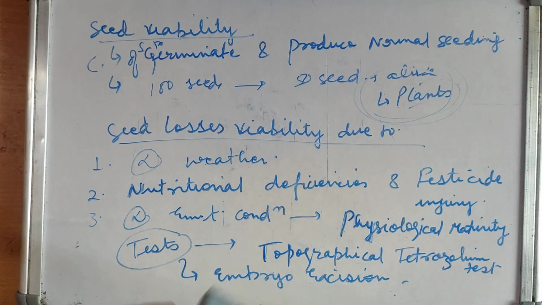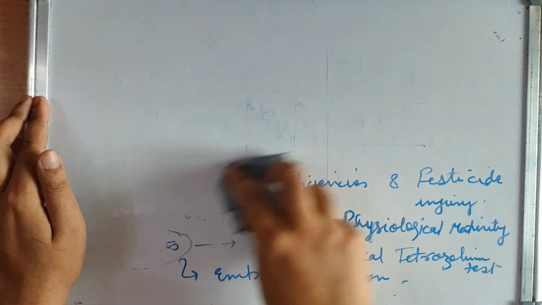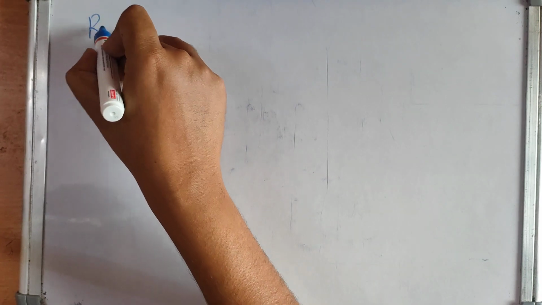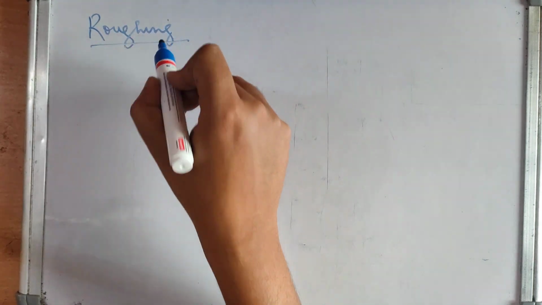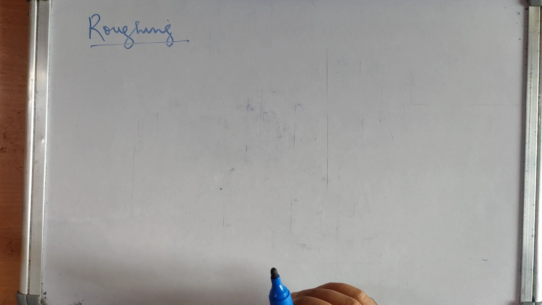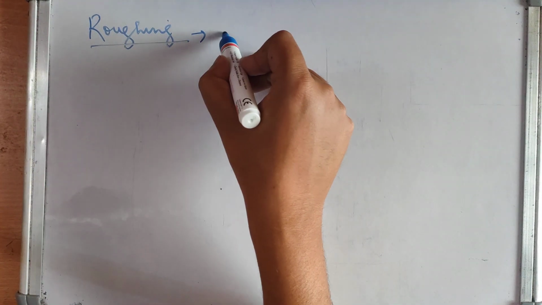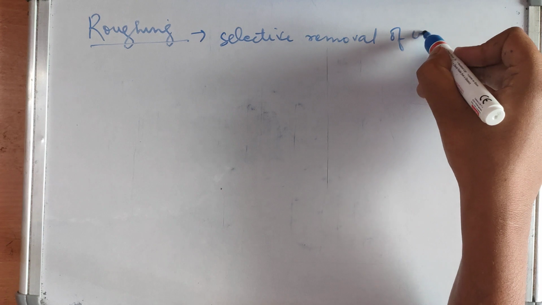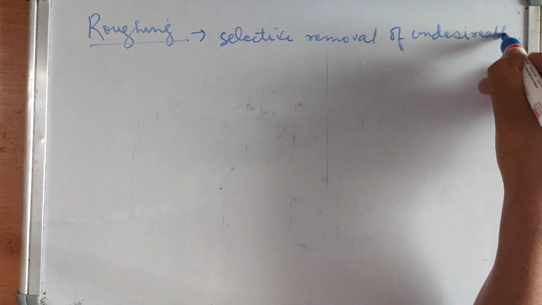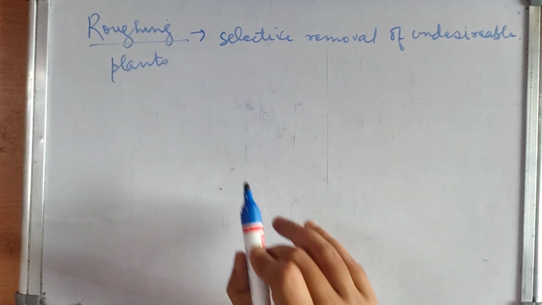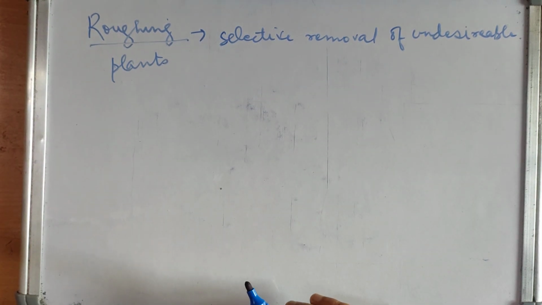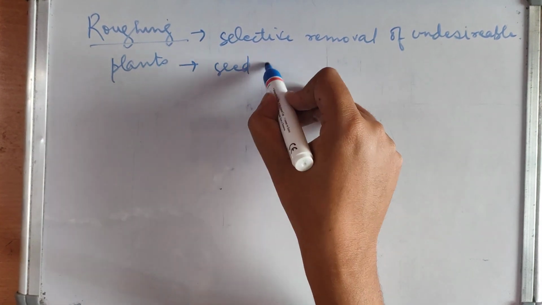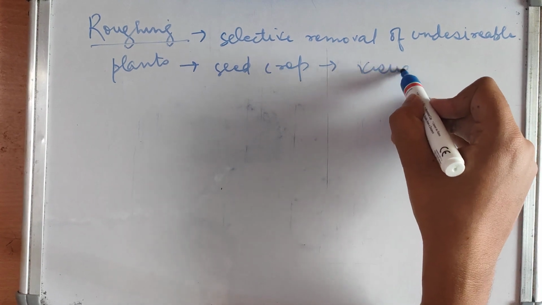Now we will move to another topic, that is rogueing. Rogueing is the selective removal of undesirable plants or off-type plants from a seed crop on the basis of visual field inspection.